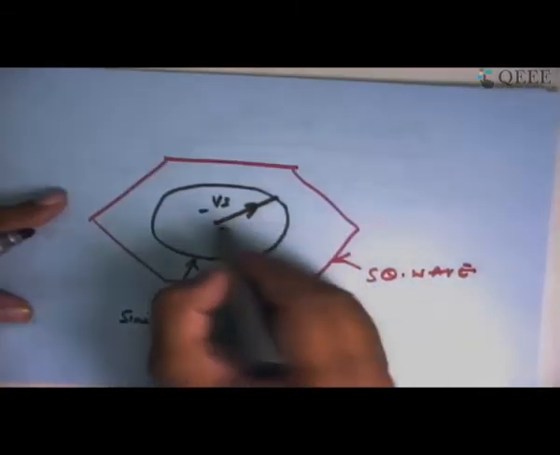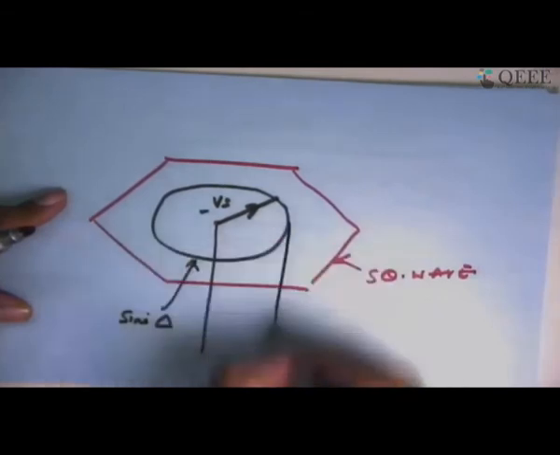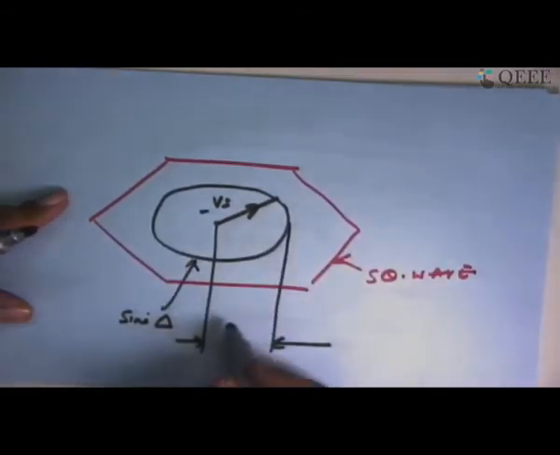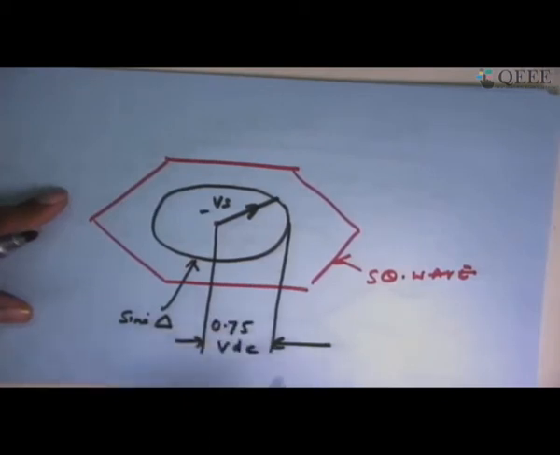So the radius of this is 0.75 VDC. How did we get it?